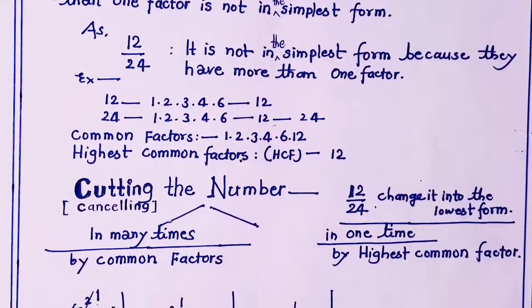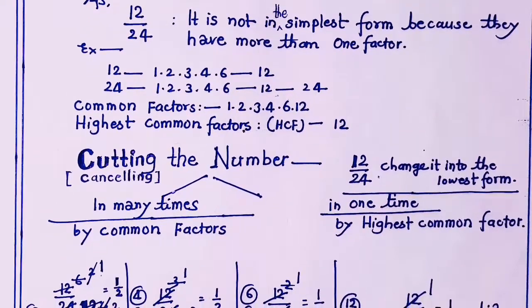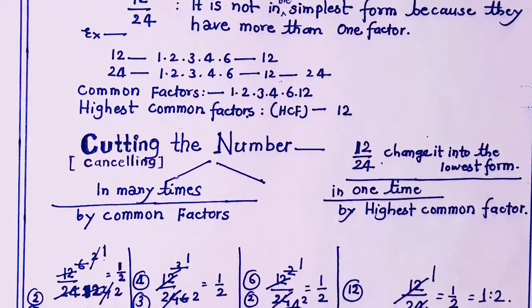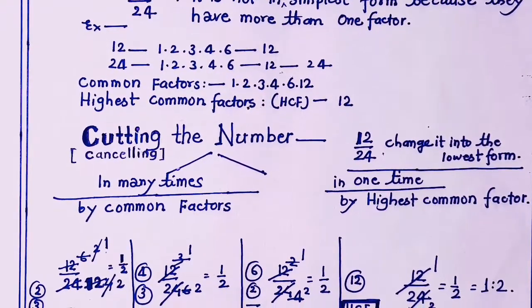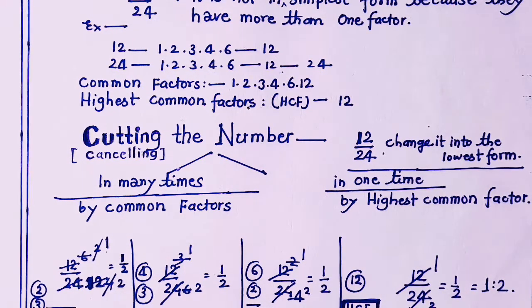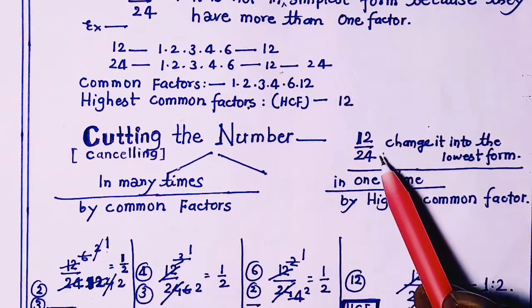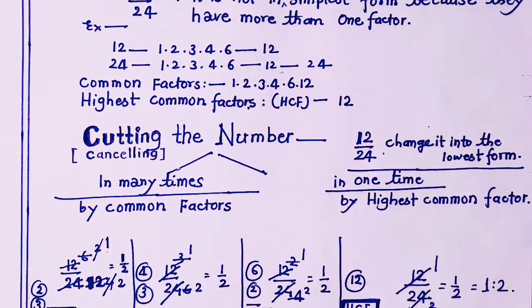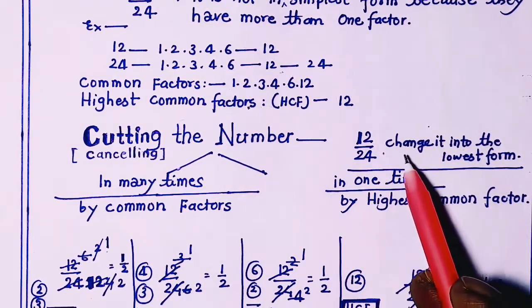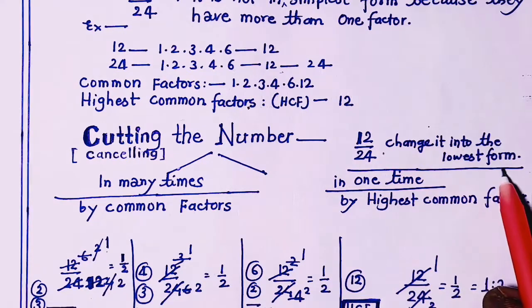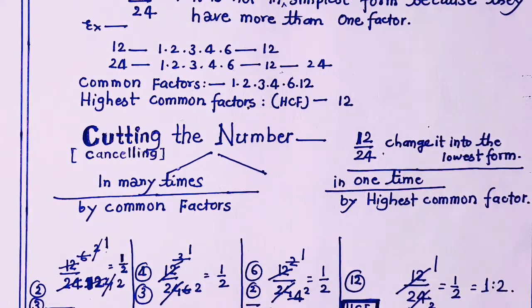Now you can see cancelling the number, cutting the number. How can the number be cancelled? It is shown in the example. Suppose we have to cancel this number 12 by 24 and change it into the lowest form, the simplest form or the standard form.